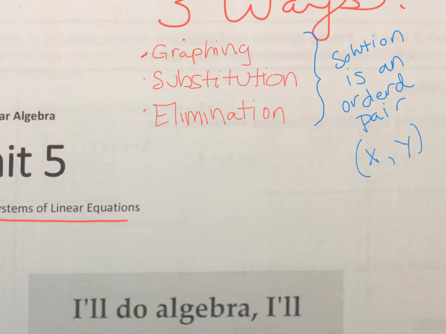So every single way you do it, you should get an ordered pair. So with graphing, remember there's 3 different options for graphing as well.